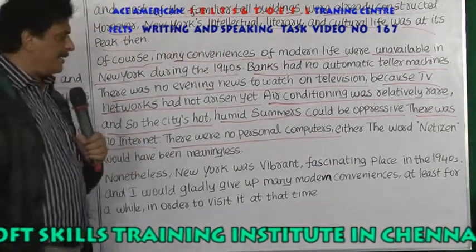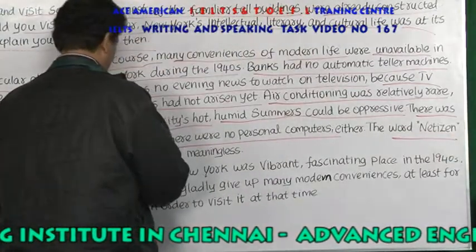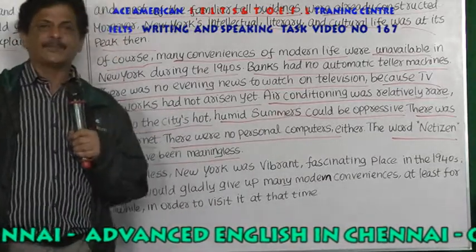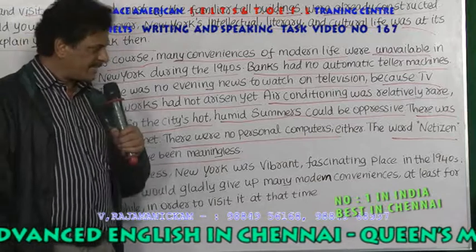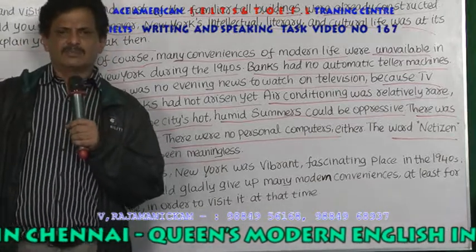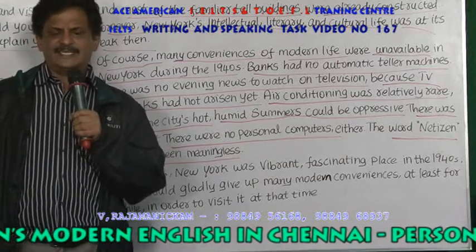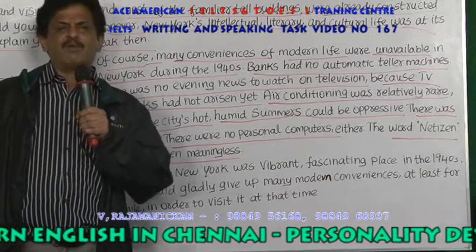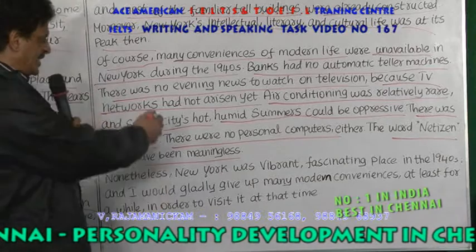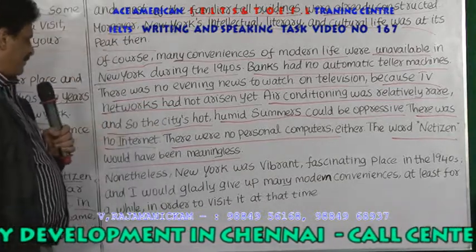Laptops were not there. The word netizen would have been meaningless. What do you mean by netizen? People who are connected in the net are called netizens. You call citizens, a citizen belongs to a particular country. Then you call him an American citizen or Indian citizen. Netizen means people who are connected with the internet. And here he says that there were no netizens.